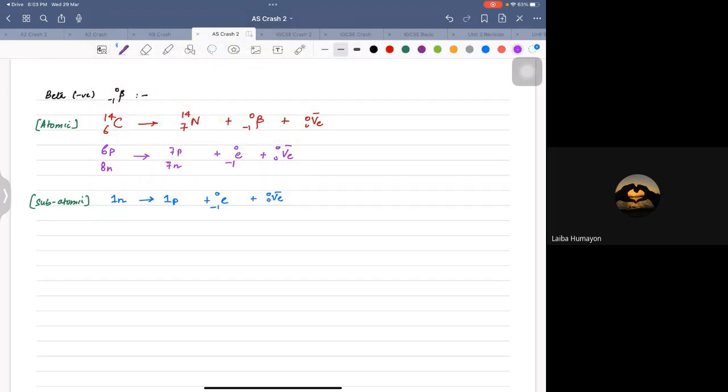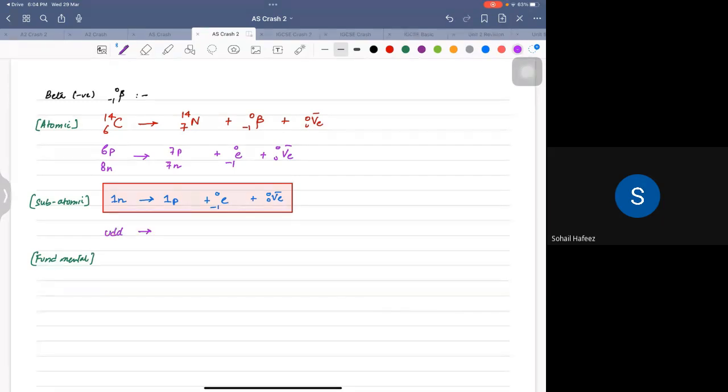Remember that this equation can be directly asked from you. Then, when you go to the fundamental level, the fundamental equation is that a neutron has a composition of, who's going to tell me the composition of neutron, please? Neutron is up, down, down.